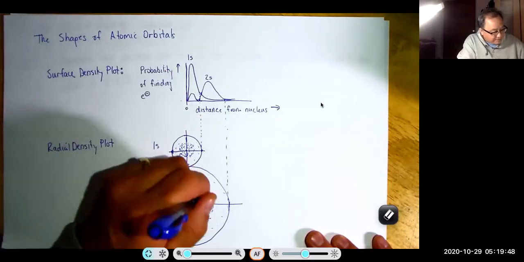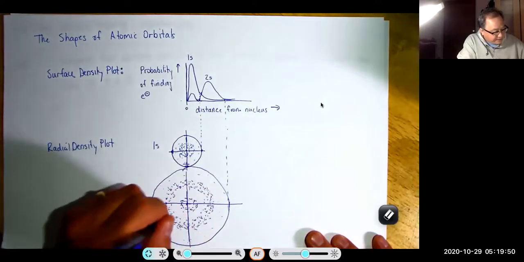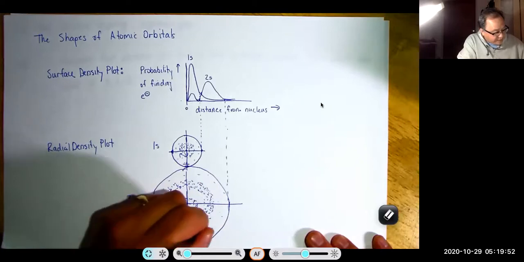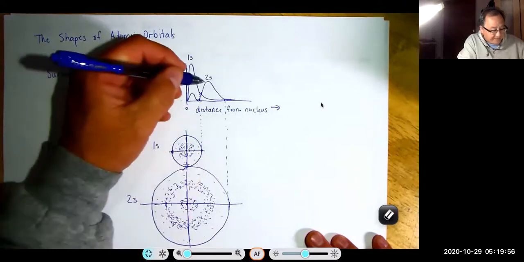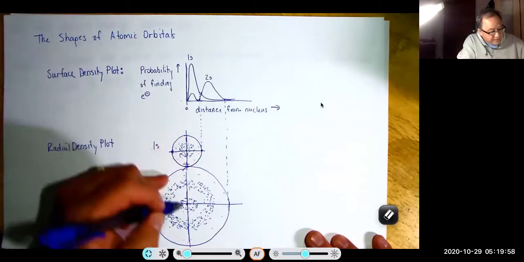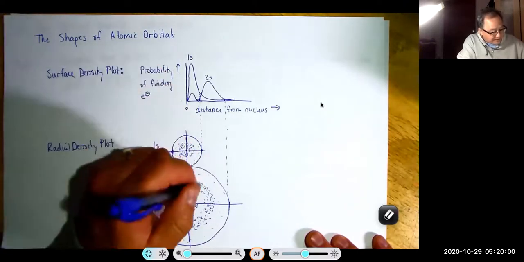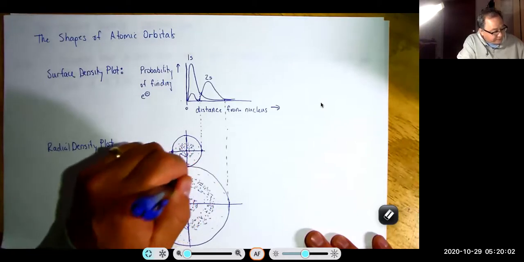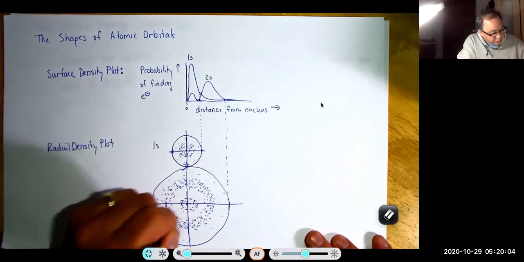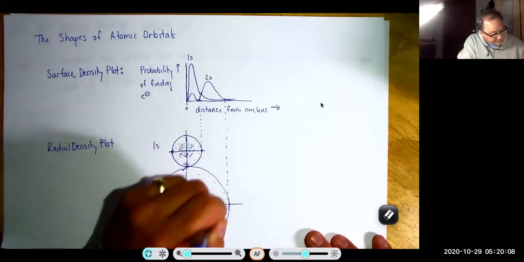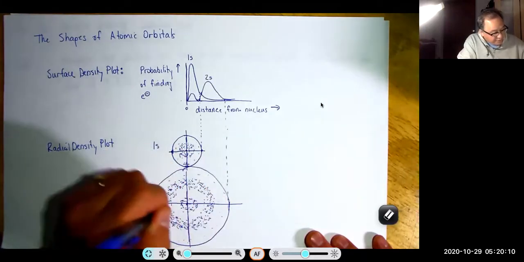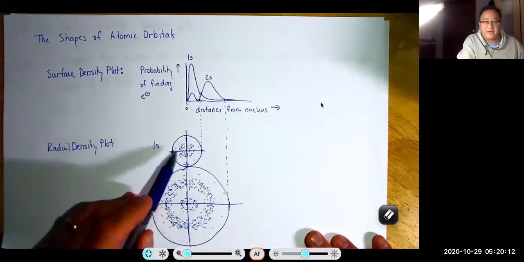And here, you definitely can find it in this region here. And I want to make this really dense because this is a high peak. Here in the middle, I want to make it less dense because it's a low peak. So in this particular radial density plot, you can see that we are far more likely to find the electron farther away from the nucleus than in the 1s.